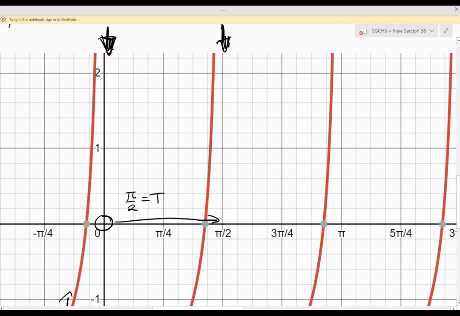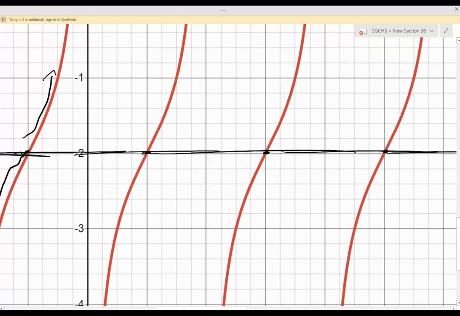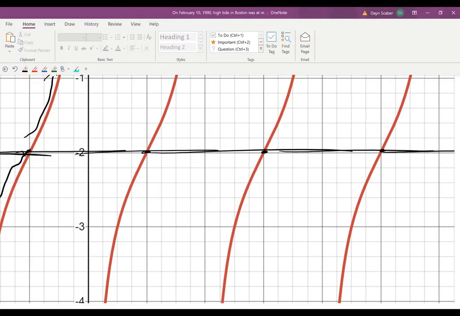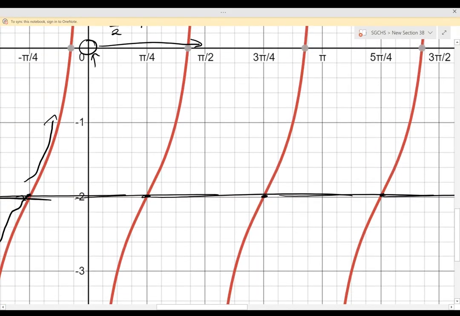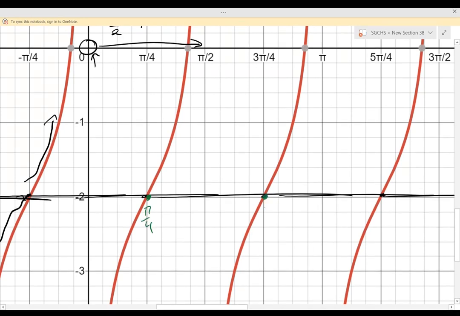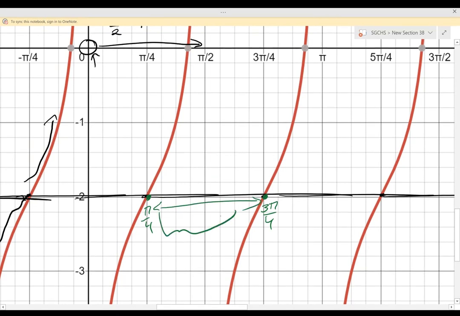Let's say we didn't have a really nice origin value, something not easy to work with. We could also think about our new inflection points here. Okay, if we look at our inflection points, let's say we wanted to use this from pi over 4 to 3 pi over 4. What's the distance between here and here? Well, on a number line, you can subtract to find the distance.